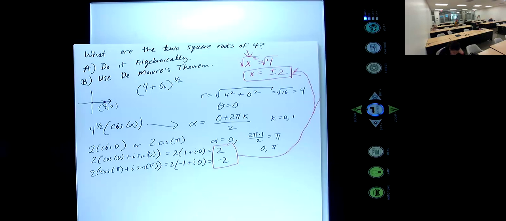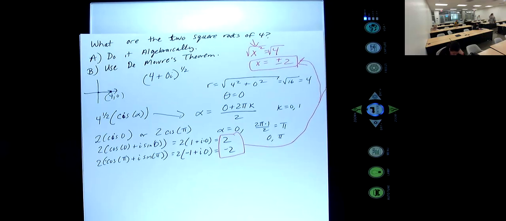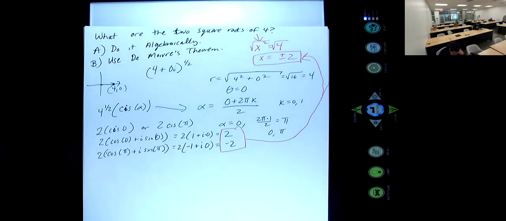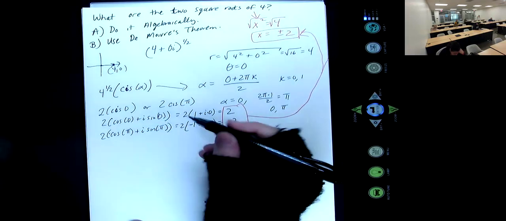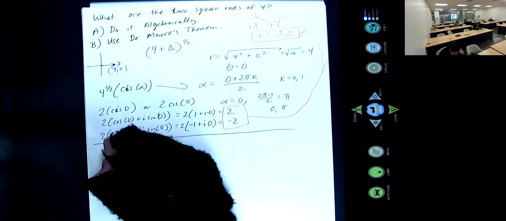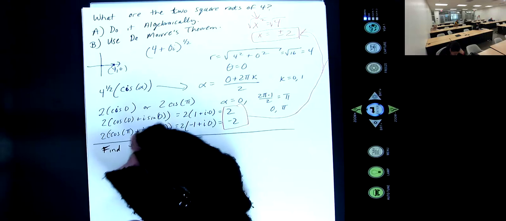We'll do a 6th root, or the 6 roots of something, as the last problem here. Let me give you guys this one: find the two square roots of -9.